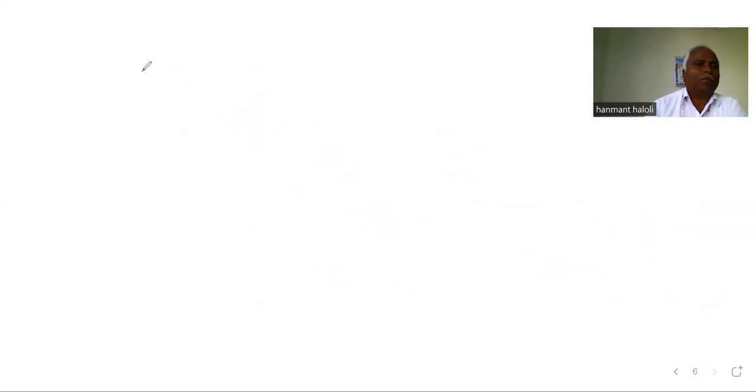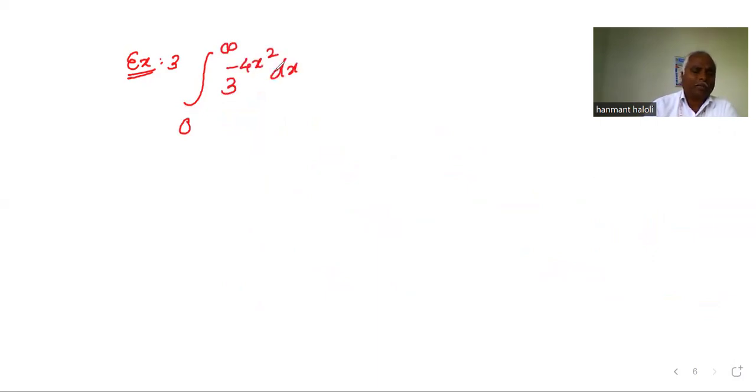Now we will see one more example of this type and how to convert it into a gamma function. Integral 0 to infinity 3 raised to minus 4 x square dx. Such an integrand we can convert into gamma function form.